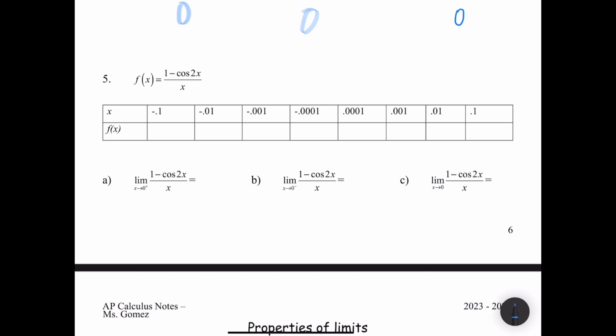So you've already guessed it. In order to do this numerically, I would have to plug this into my calculator. There it is. And I've done some of the values. I didn't do all of them.